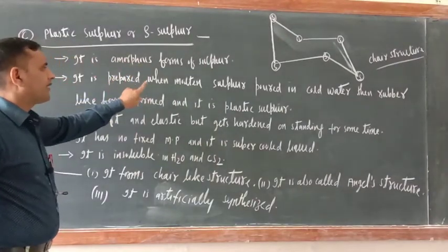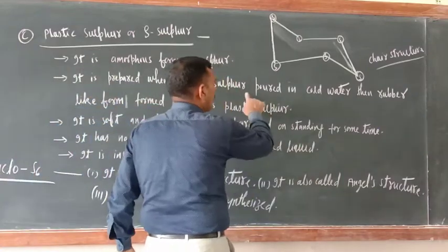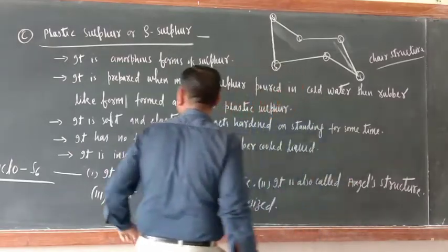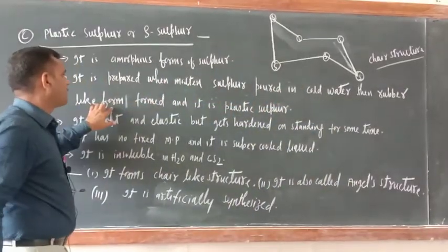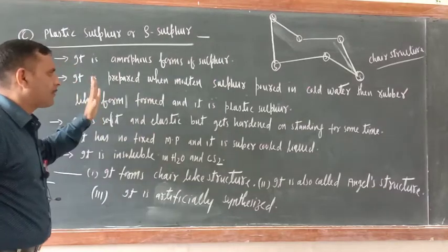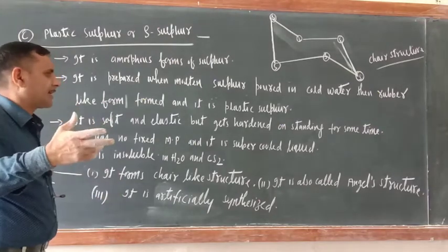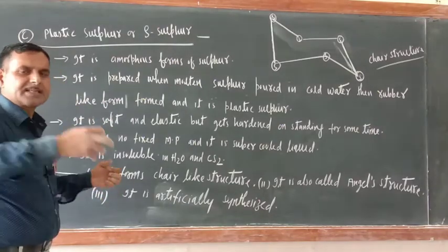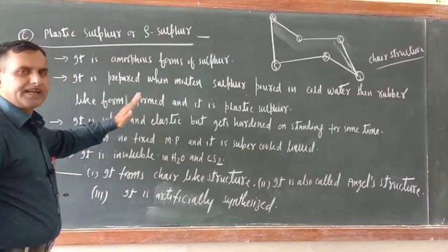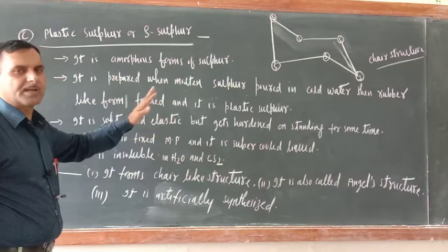It is prepared when molten sulfur is poured in cold water, giving a rubber like form, and that is plastic sulfur. So how will it be prepared? Molten sulfur should be poured in the cold water, then a plastic like structure will form, that is plastic sulfur. It is soft and elastic and gets hardened on standing for some time.